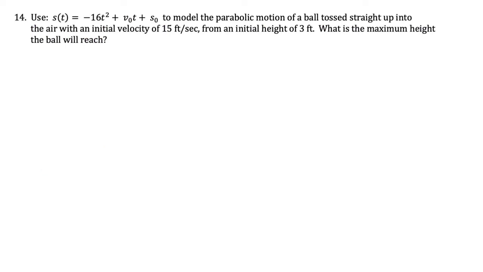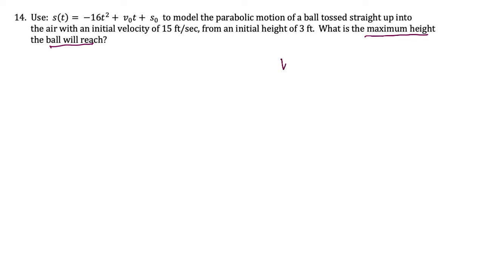All right, number 14. So we have model parabolic motion, a ball being bounced straight up into the air with the initial velocity and initial height. What is the maximum height that the ball will reach? All right, so let's fill in what we were given.